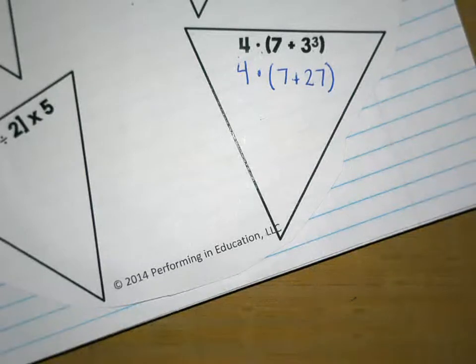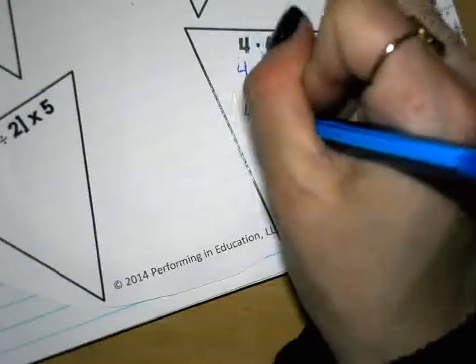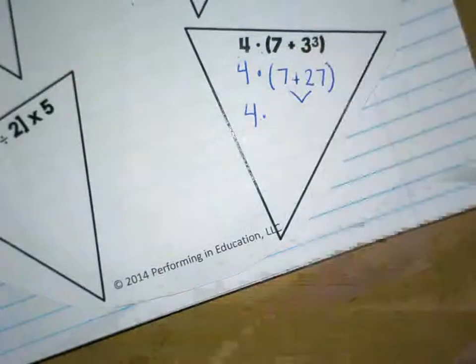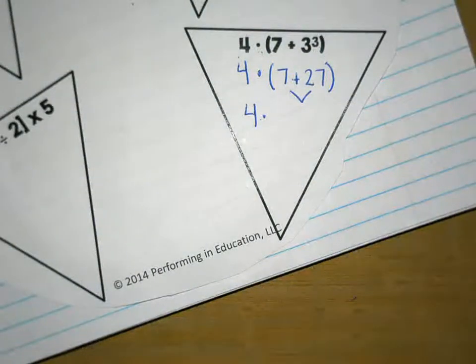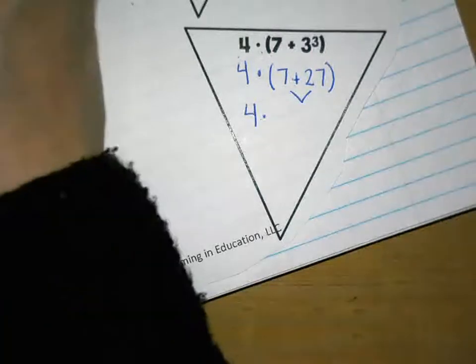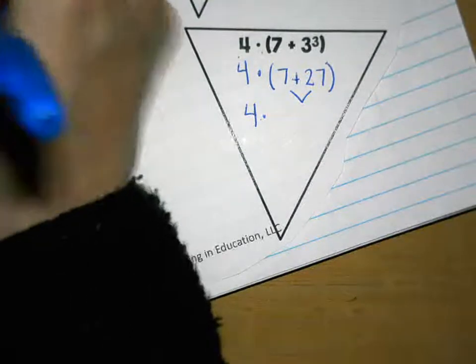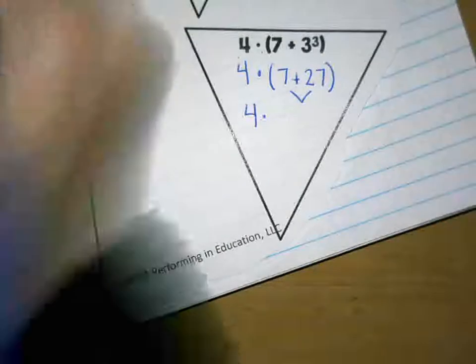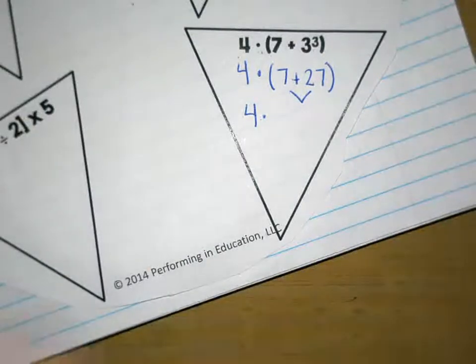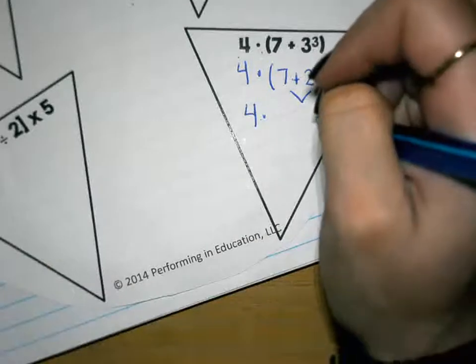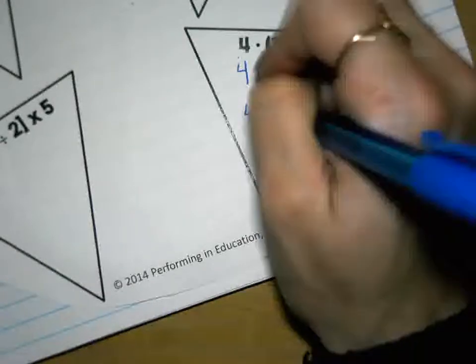What do I do now, everyone? 7 plus 27. Good. If you have not done 7 plus 27, please do that for me. What do we get, everyone? 34.